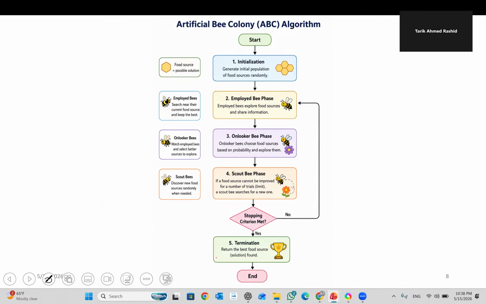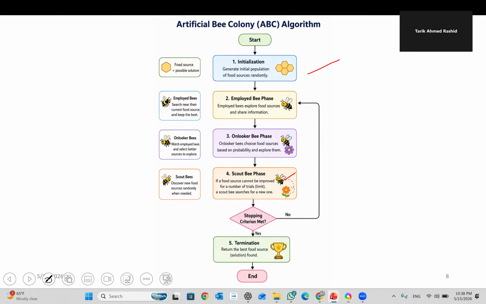And this is the algorithm. So start, initialization, and then the employed bee phase. Here they explore food sources, and then they come to the onlookers. Onlooker bees choose the food source based on the probability and explore them. And then we have scout bees.